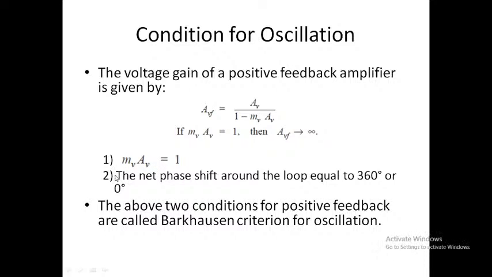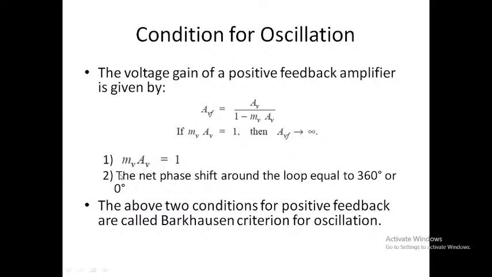Next is the net phase shift. The net phase shift around the loop should equal 360 degrees or 0 degrees. So what is the net phase shift? You all know in an amplifier there is a phase reversal between input and output.